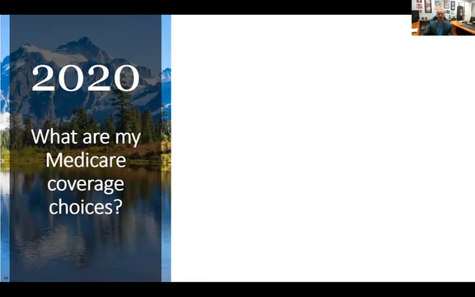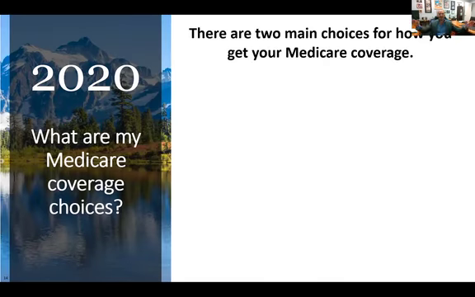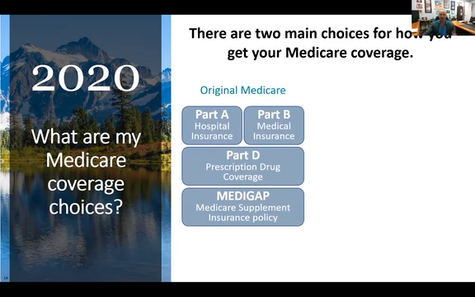So let's talk about, there's two different avenues that you can go down with respect to how you get your coverage through Medicare. It's one or the other. So the first is original Medicare, which consists of Medicare Part A, your hospital coverage, Medicare Part B, your medical coverage, Medicare Part D, your prescription drug coverage, and then most people will add a Medigap or Medicare supplement plan.